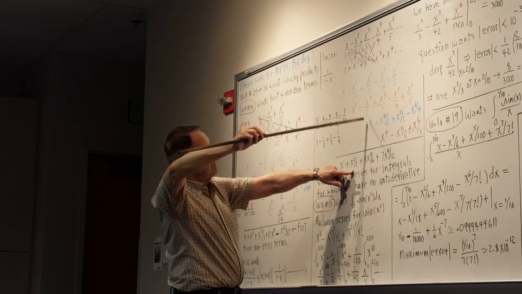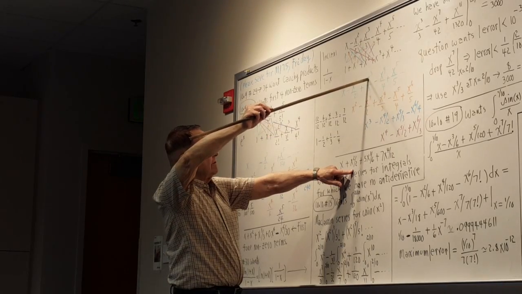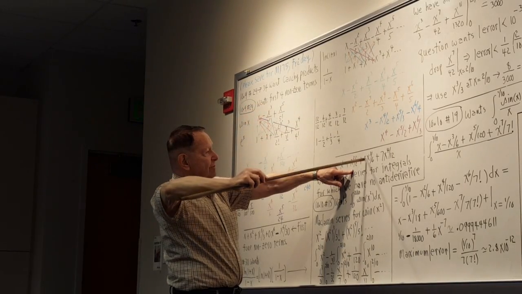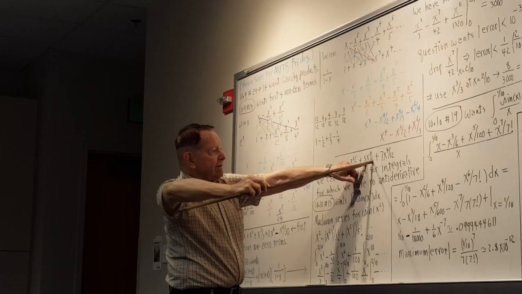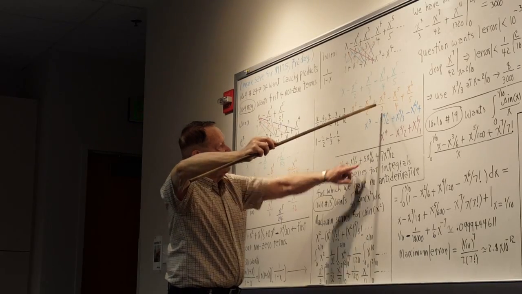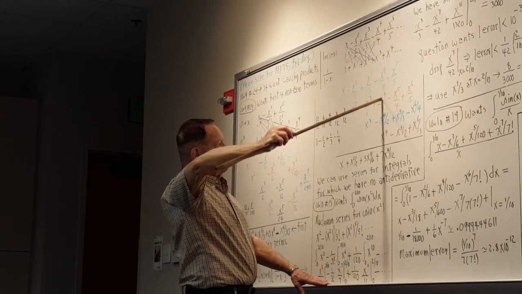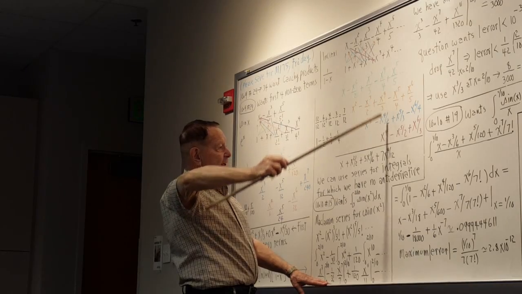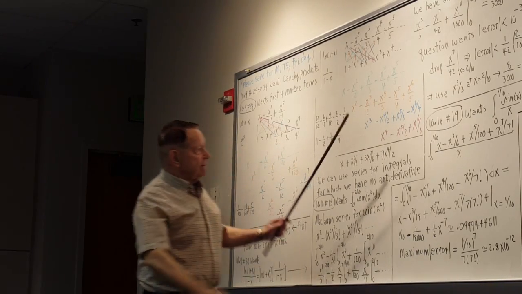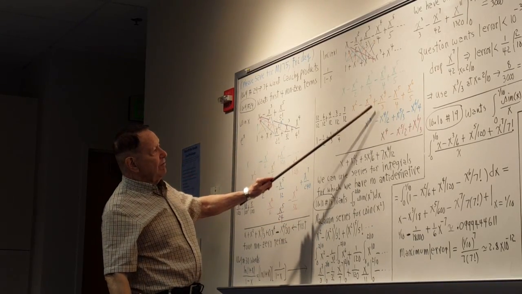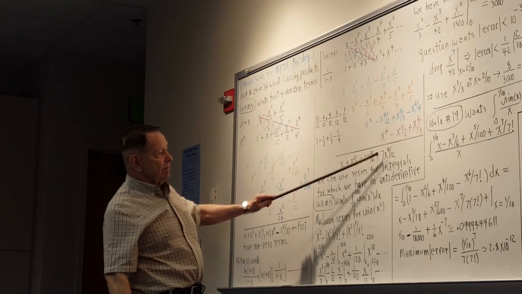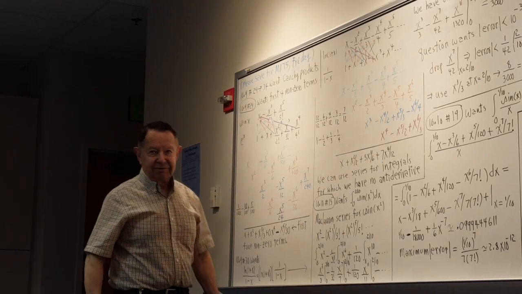We have 1 plus a third minus a half, which is 5/6 x cubed. And then we have 4 of these, you see, that are x fourth. So we have 1 minus a half plus a third minus a fourth, which ends up being 7/12.